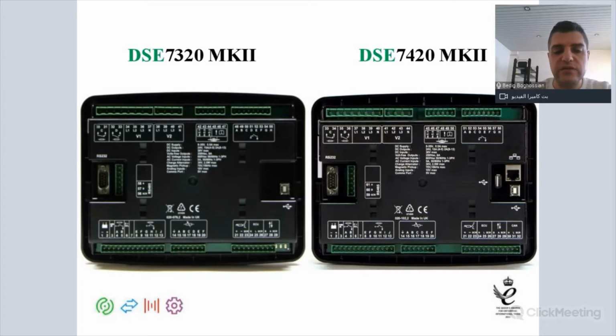By the way, you can connect on the same link other CAN devices such as sensors or AVRs, because nowadays you might have seen a lot of CAN devices, where fuel level sensors, for example, transmit CAN messages instead of analog signals. So you can link that on the CAN J1939 network of the DSE. But the 74 has an additional CAN port, so you can have a separate CAN network for those separate devices. It's just an option.